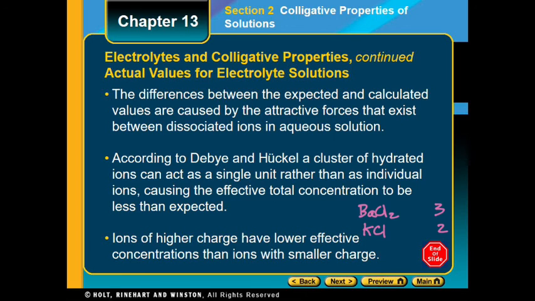That's because, based on this particular one right here, barium has a 2+ charge. Because of its higher charge, where K is only a plus charge, and notice they both share the chloride ion, ions of a higher charge will have lower effective concentrations than ions with a smaller charge. So the barium with its 2+ charge, again, even though you have more ions, it doesn't go 1.5 times higher or 3/2 higher.